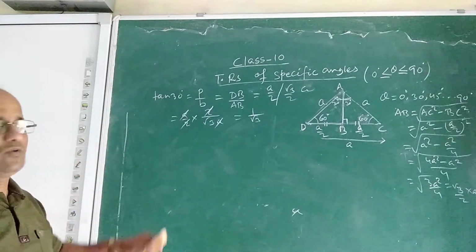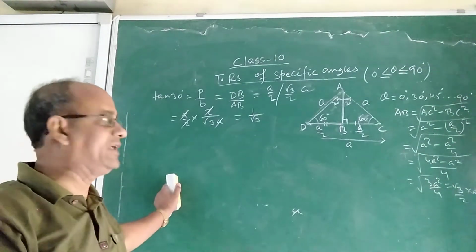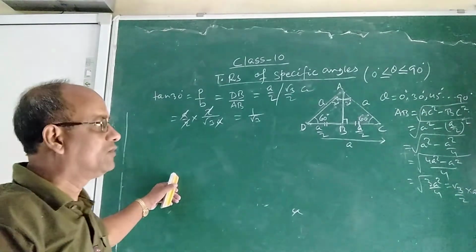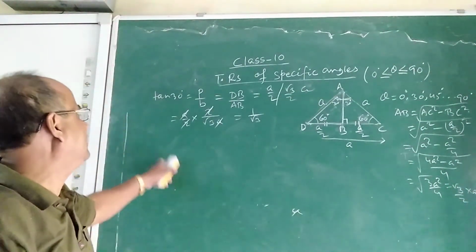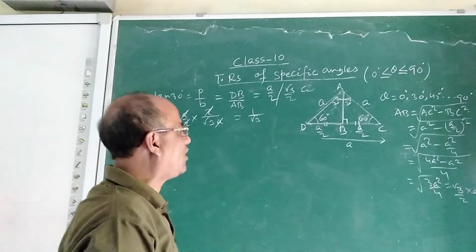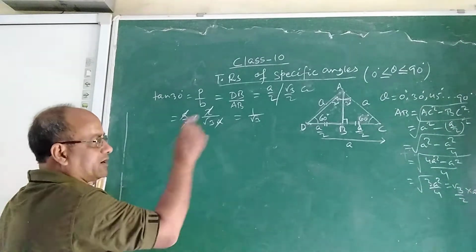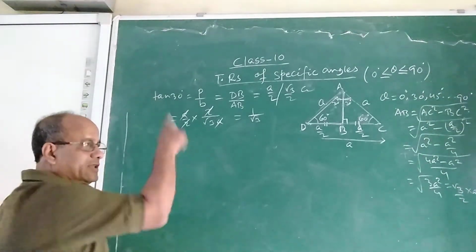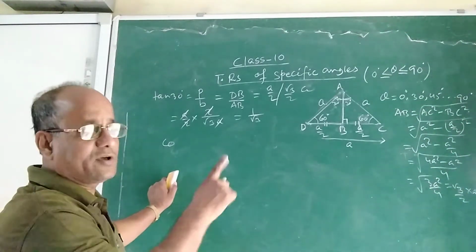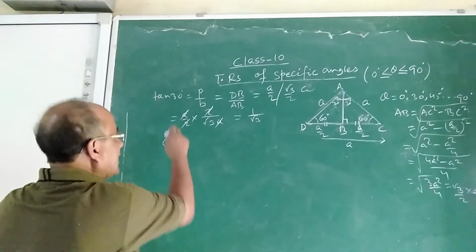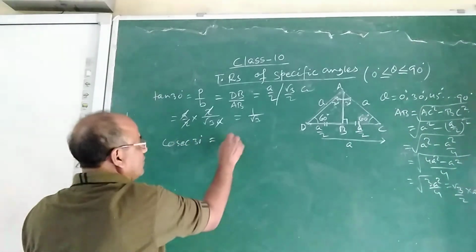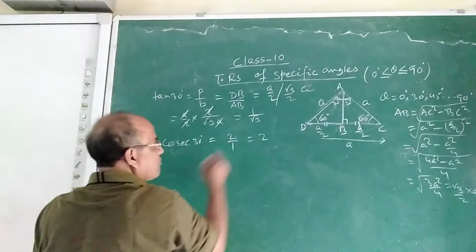So we found the trigonometric ratios. Sin 30 degree is 1 by 2. Cos 30 we got root 3 by 2, and tan 30 we got 1 by root 3. Similarly, now you can easily find the reciprocals. Already I have told you cosec theta is the reciprocal of sin theta. So if sin 30 is 1 by 2, then cosec 30 will be 2 by 1, that is 2.